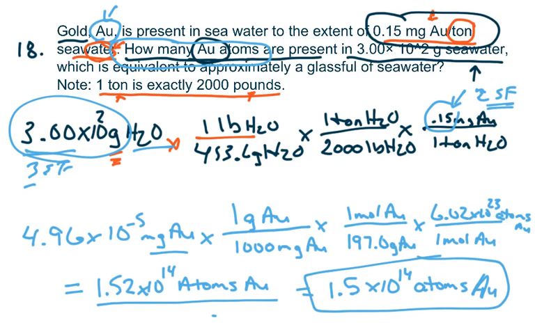So we started here with 300 grams of water. We went over our bridge and got from mass of water to mass of gold. Then we went to Mole Island. We got to the right units, went to grams, used molecular weight to get to moles.